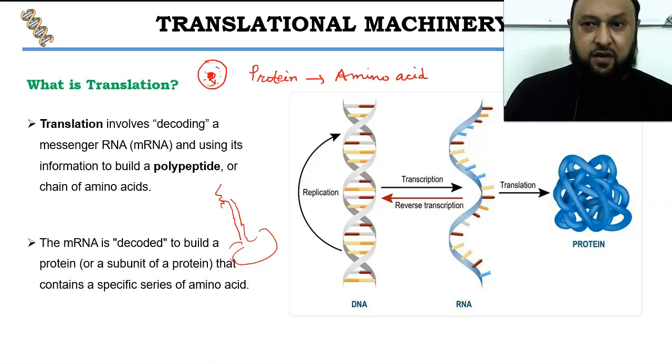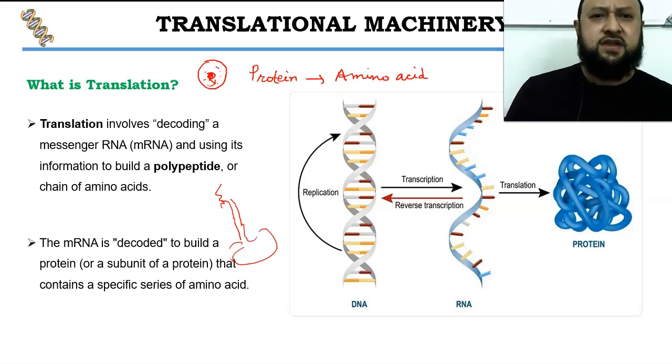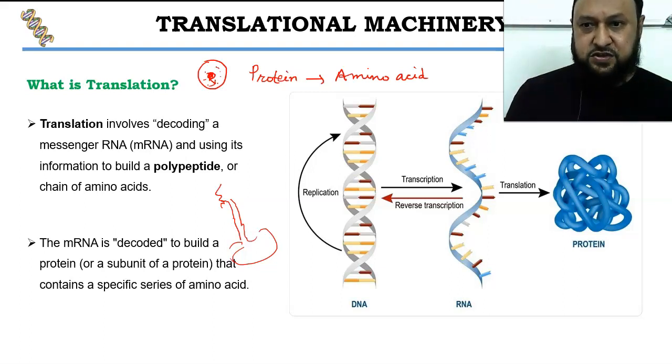That information is given by the DNA and transcribed into mRNA. mRNA brings the information to the ribosome, then the tRNA identifies that information, it is decoded, and the polypeptide chain is synthesized. This is the overview I gave you in very short. Okay. Now, mRNA is decoded to build a protein.